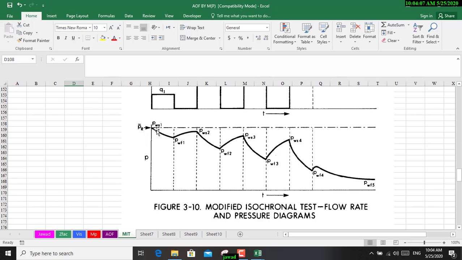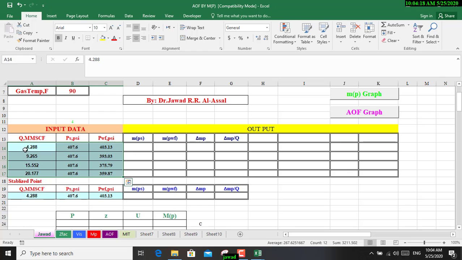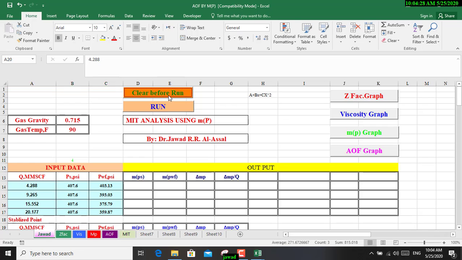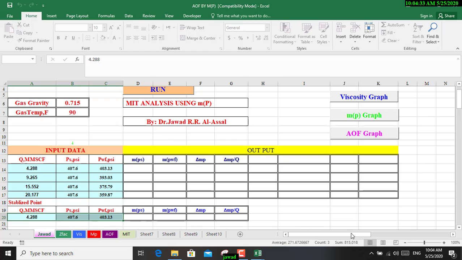Point 1: PWS, Q; Q2, PWS2; Q3, Q4, and stabilized. Okay, I have this input data, and this input data only. That's all. Okay, don't play with it. Sometimes we have 3, so clear before. Okay, and then just execute.